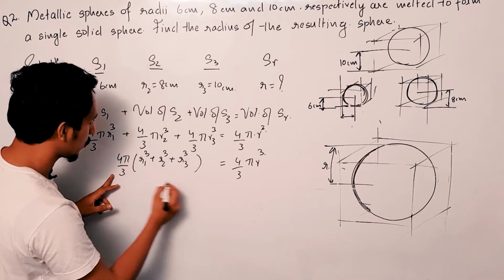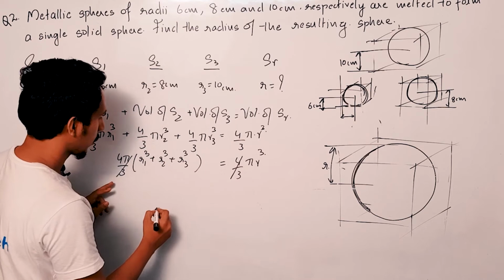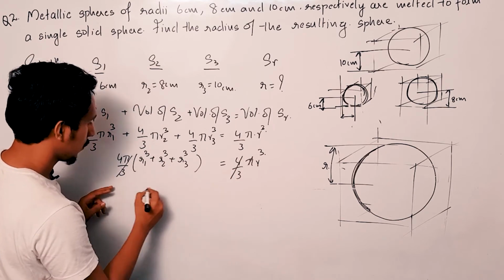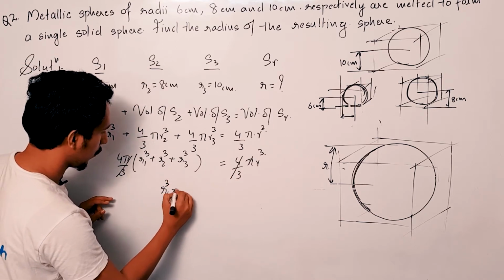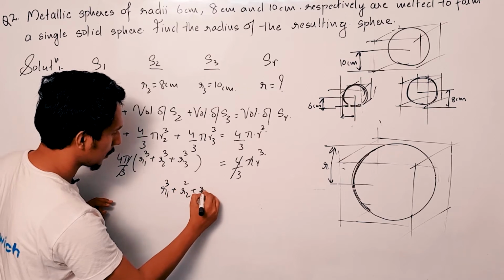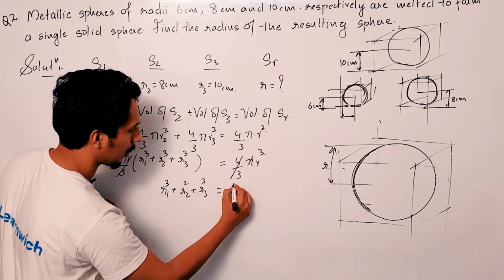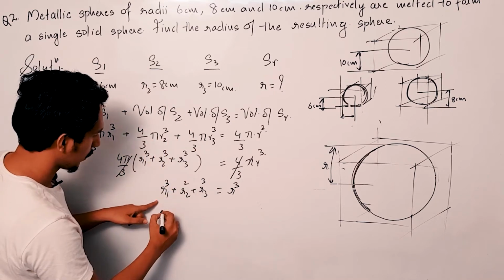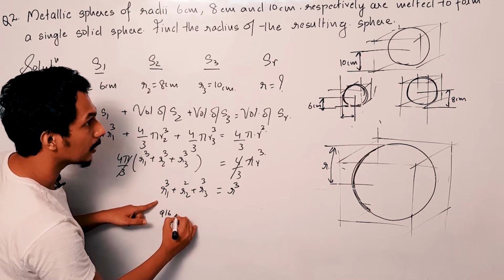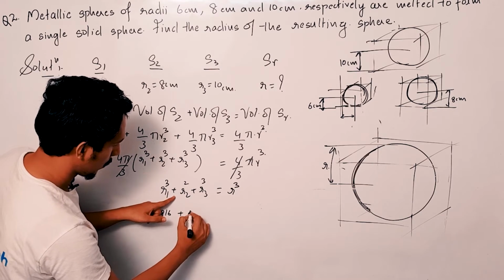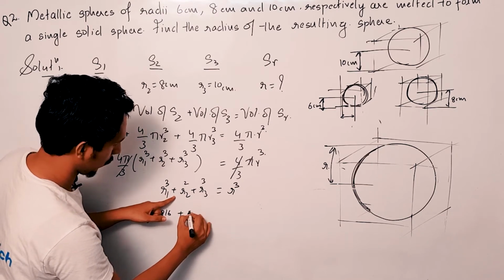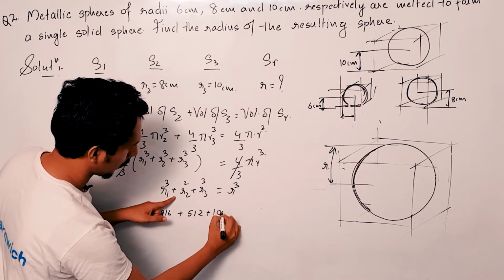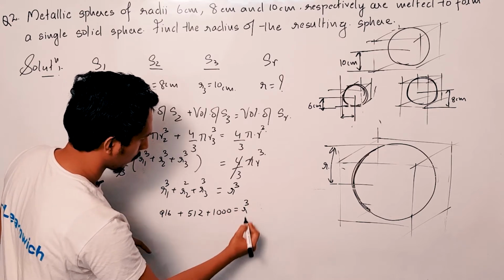So 4 pi by 3 goes to the other side. This and this cancels. Pi cancels. So you have r1 cube plus r2 cube plus r3 cube is equal to r cube. Alright, that is 6 cube, that is 36 into 6, 216, plus 8 cube, 8 8s are 64, 512, plus 1000 is equal to r cube.